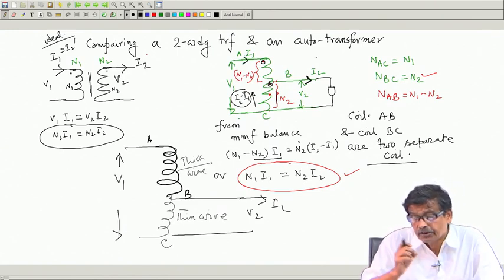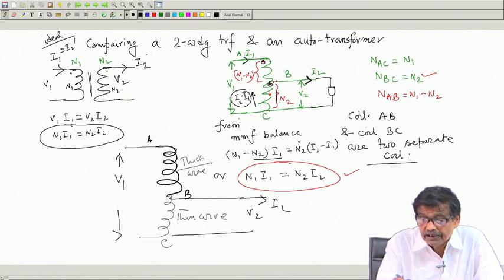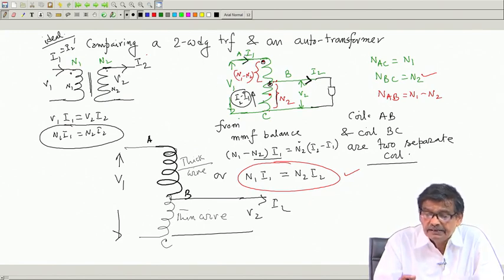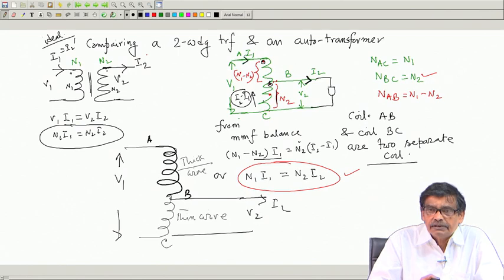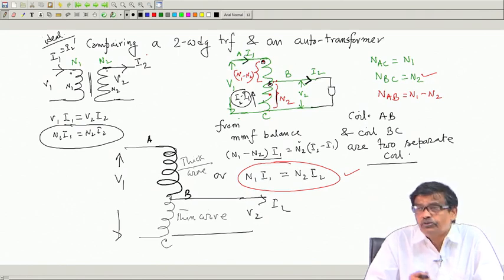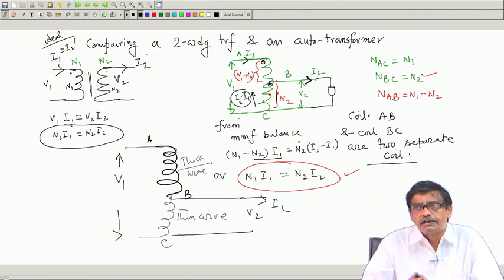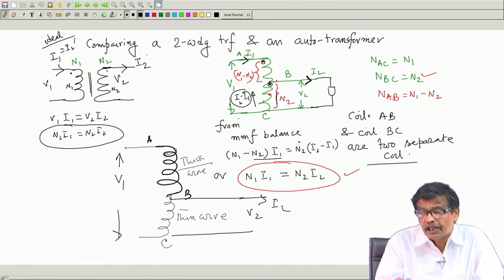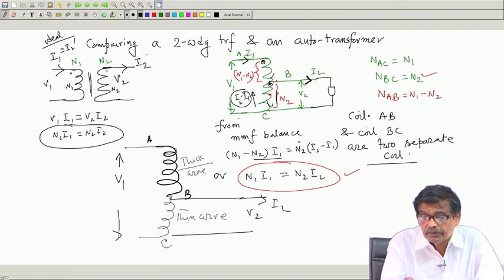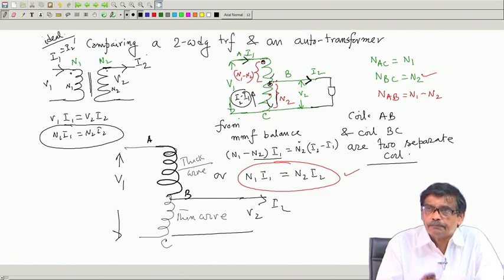And then we argued that this portion of the winding, AB and BC, these two coils are two separate coils, with no common part between them. Therefore, the MMF produced by this coil and this coil must balance. Through the dot, if I2 minus I1 is coming out, and through the dot, if I1 is input in the upper portion of the coil, these two MMFs must balance.